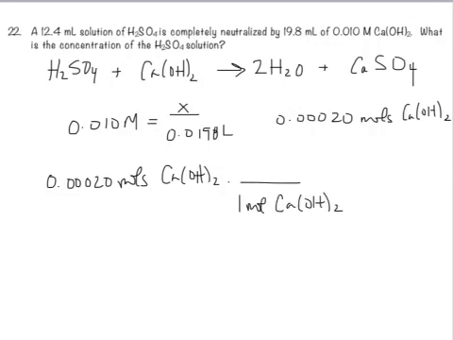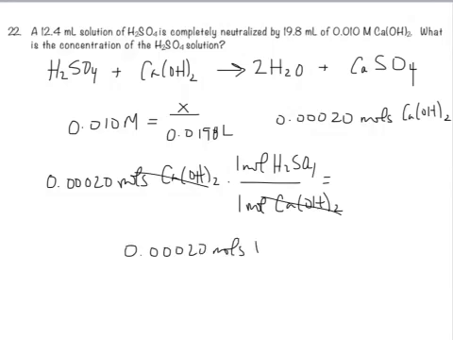So 1 mole of calcium hydroxide is 1 mole of sulfuric acid. Calcium hydroxide cancels, so I end up with the exact same number, 0.00020 moles, but now it is sulfuric acid.